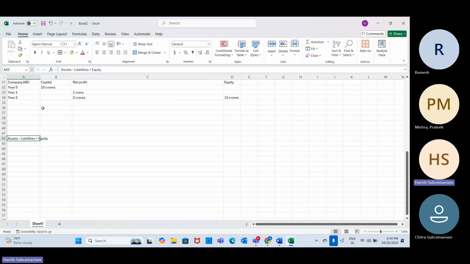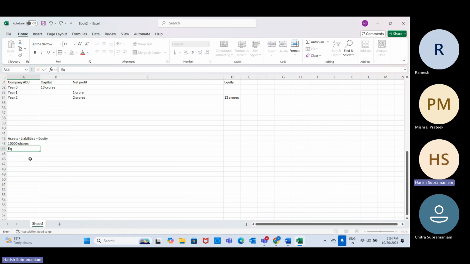So assets minus liabilities equals equity. And this equity, let's say there are 10,000 shares, gets divided per share. Let's say the company had an equity, this assets minus liabilities, of 100 crores, for example.